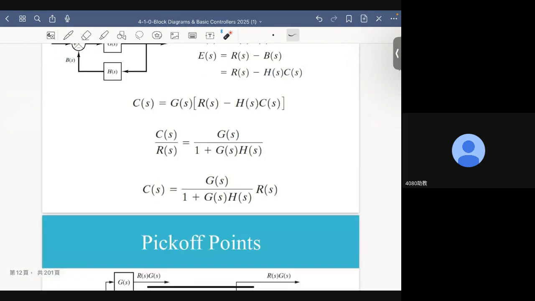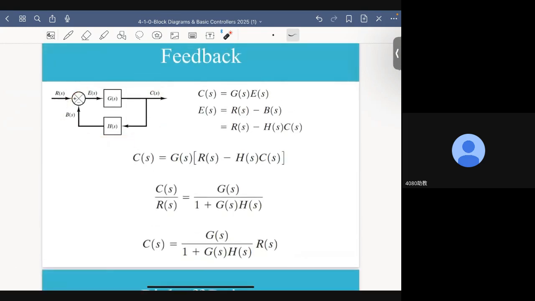All right, let's go back to this. Now the purpose here is to determine the transfer function between the input and output. How do we derive such a transfer function? The answer is obvious: using information provided by the block diagram.